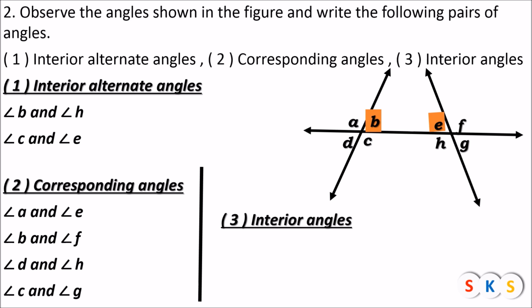You can see they are inside the parallel lines and on the same side of a transversal. The next pair is C and H. These two angles also lie inside the parallel lines and on the same side of a transversal. So let's write the answer. Angle B and angle E is one pair of interior angles. Angle C and angle H is the next pair of interior angles.